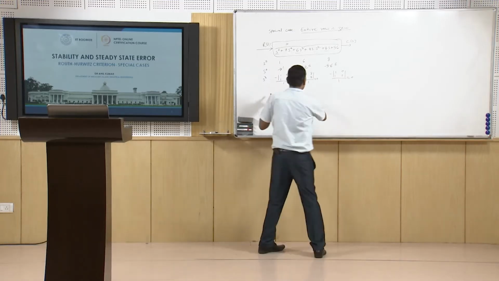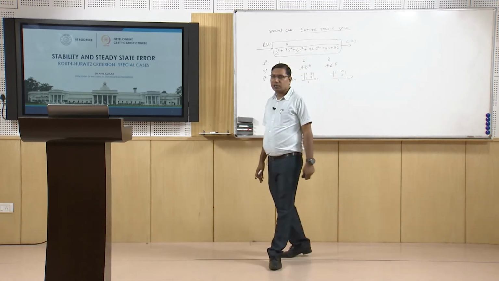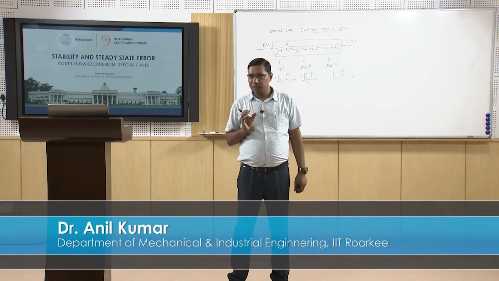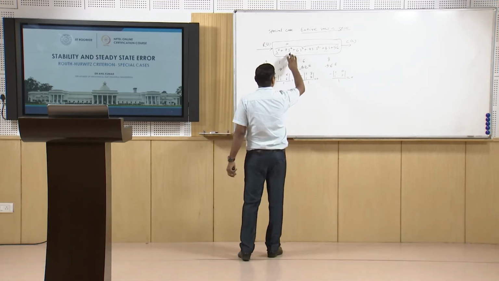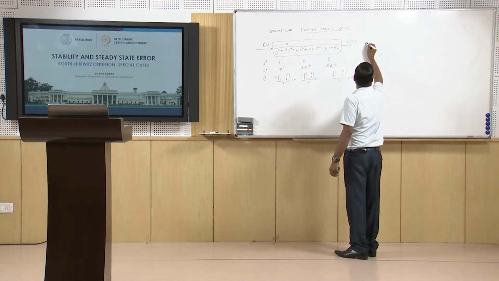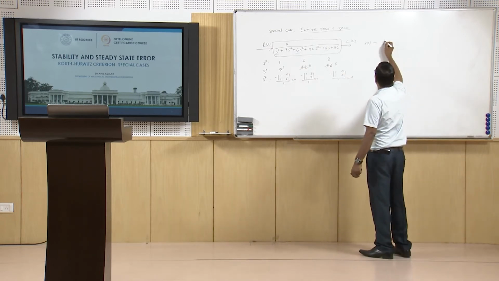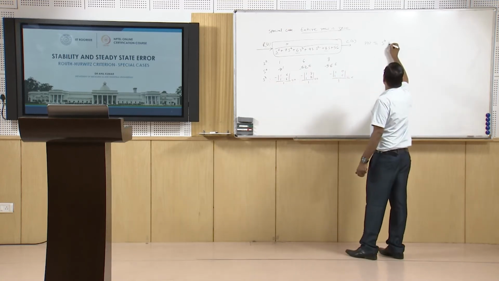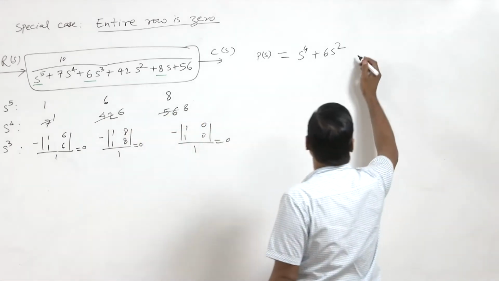When there is a complete row of 0, it gives a sign that there is an even polynomial present in this expression. So we write P as, going one step back, s power 4 plus 6 s square plus 8.